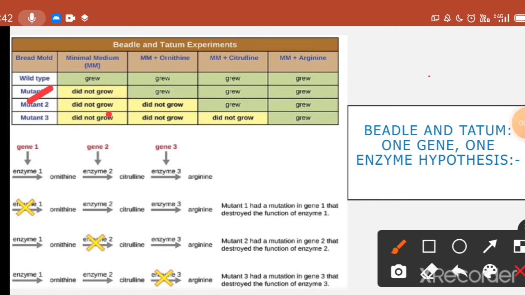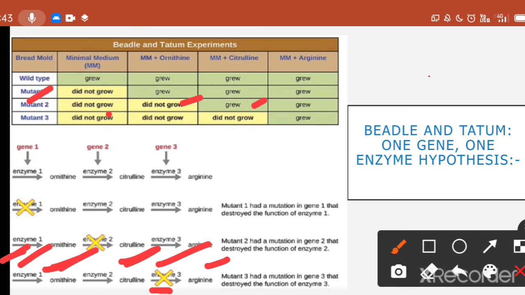Mutant 3 didn't grow in the minimal medium, nor in the minimal medium with ornithine and citrulline as a supplement, because enzyme 3 is mutant here. This enzyme mutation makes it unable to convert citrulline into arginine, though it can convert the precursor into ornithine and ornithine into citrulline.